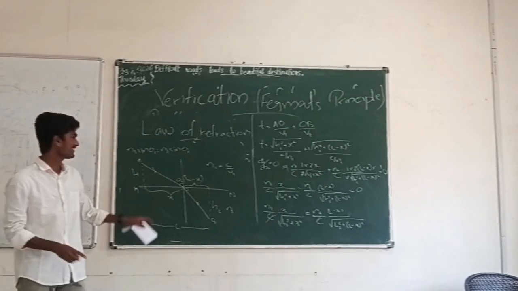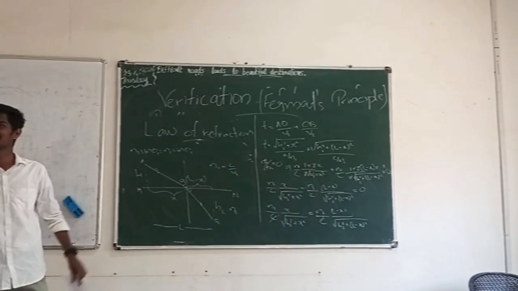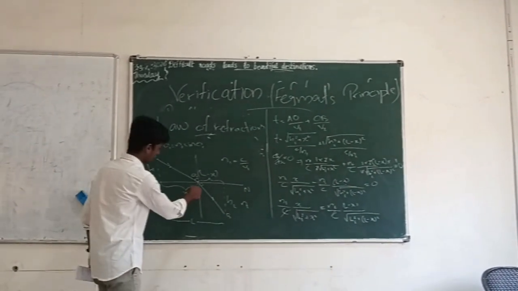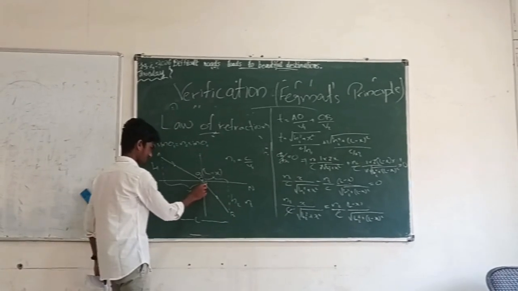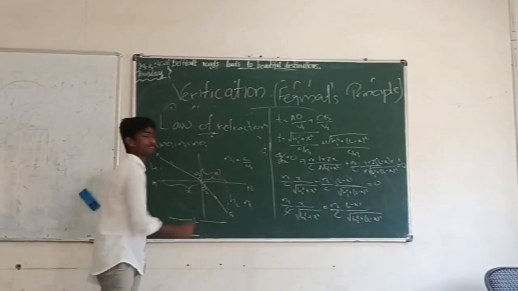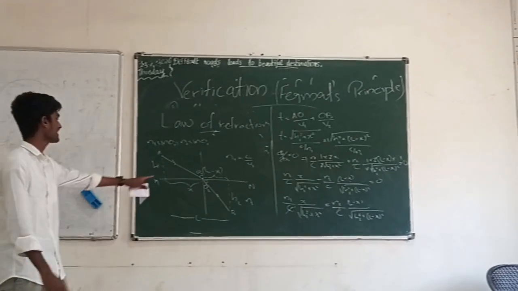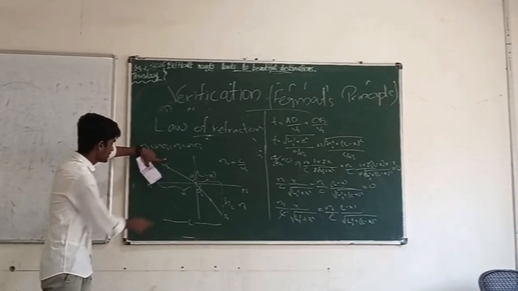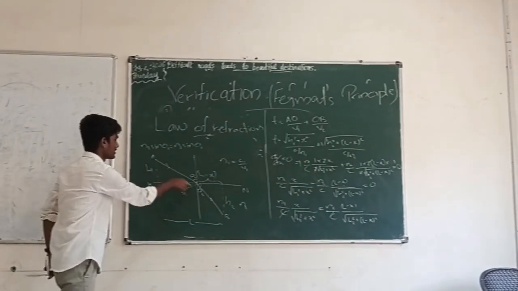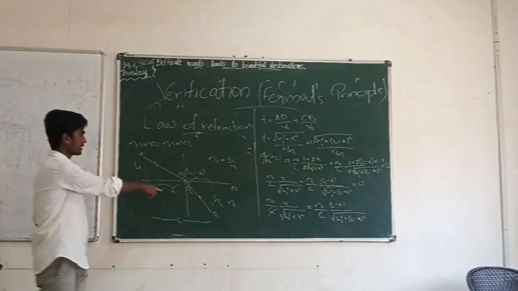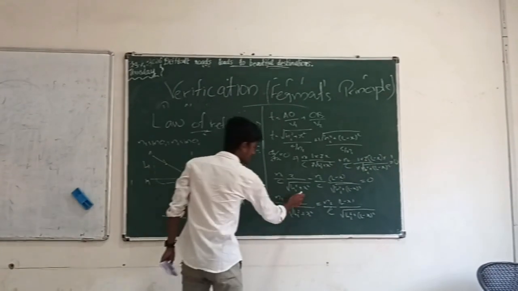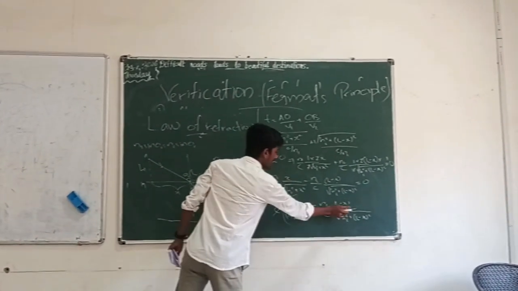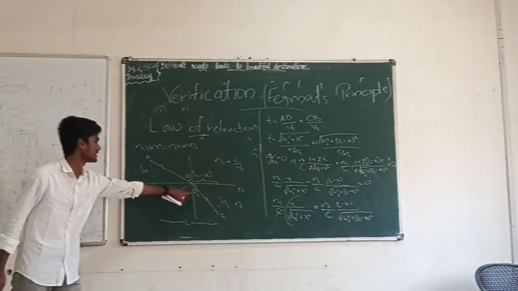If the angle between incident ray and normal is theta 1, the angle between refracted ray and normal is theta 2. Sin theta is opposite side by hypotenuse. That means opposite side is x, by hypotenuse, that is root of h1 square plus x square. So this is sin theta 1 and this term will be sin theta 2.